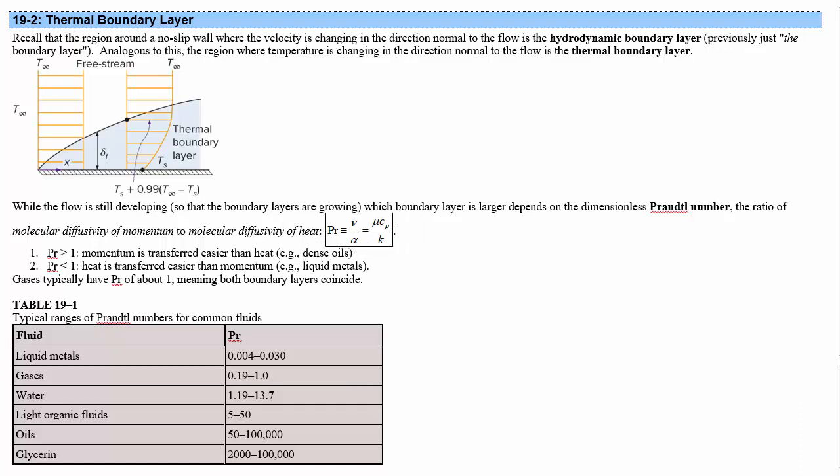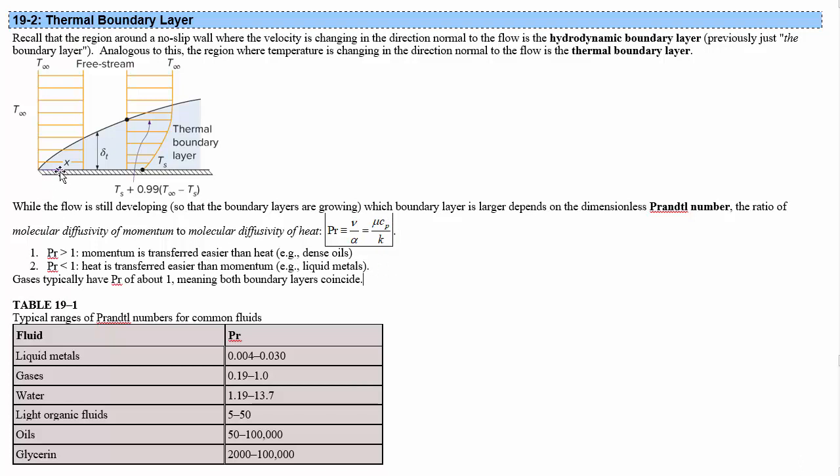So substituting in the definitions of both of these, the densities cancel, and you end up with dynamic viscosity mu times Cp, the specific heat capacity, divided by k, thermal conductivity. So a Prandtl number of greater than 1 would tell you that momentum is transferred more easily than heat, whereas a Prandtl number of less than 1 would be heat is transferred more easily than momentum.